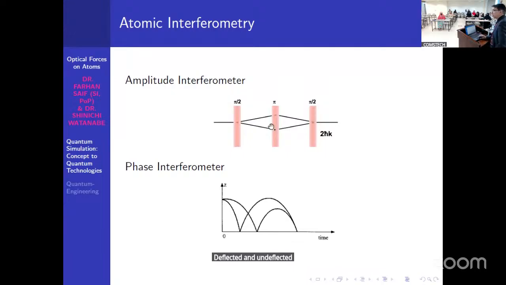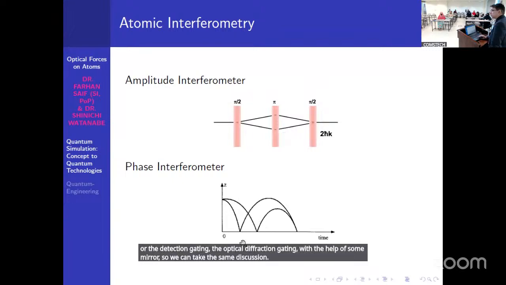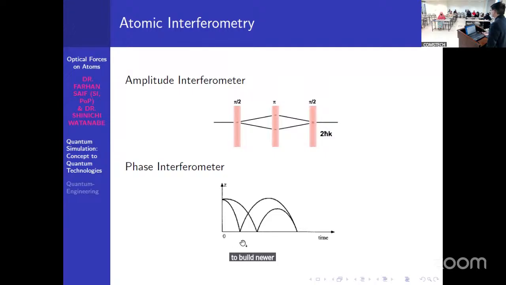But if we replace the standing wave field, or the optical diffraction grating, with the help of some mirror, we can take the same discussion to build a newer kind of interferometer, which is sometimes named the phase interferometer. And here we shall require mirrors. We shall come back to the discussion of mirrors after some time as well.